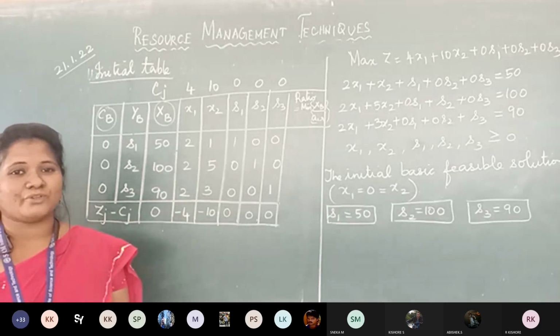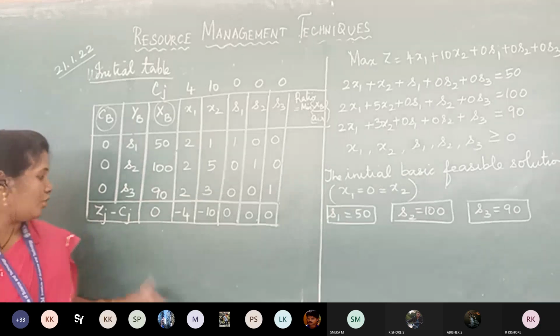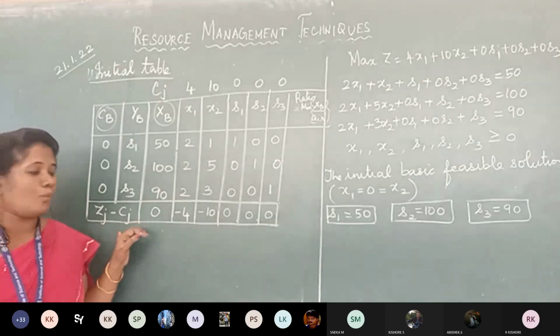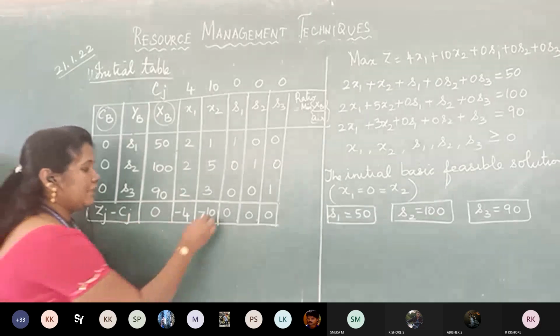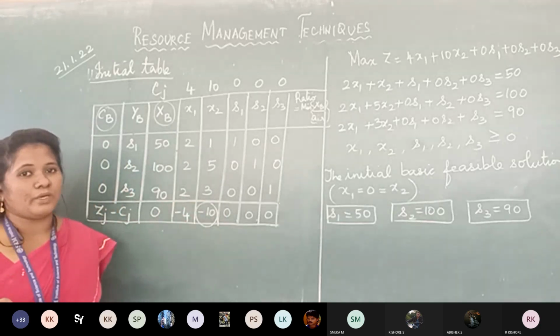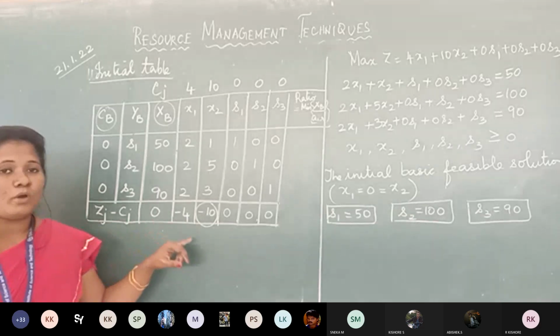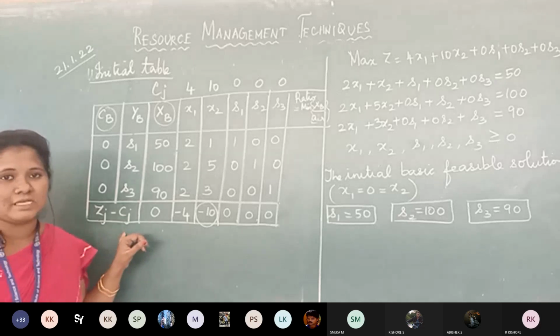Next, you have to see your most negative value in your Zj minus Cj. The most negative term in your Zj minus Cj is minus 10. So we are going into step 6. In step 6, you have to see your most negative value in your Zj minus Cj.